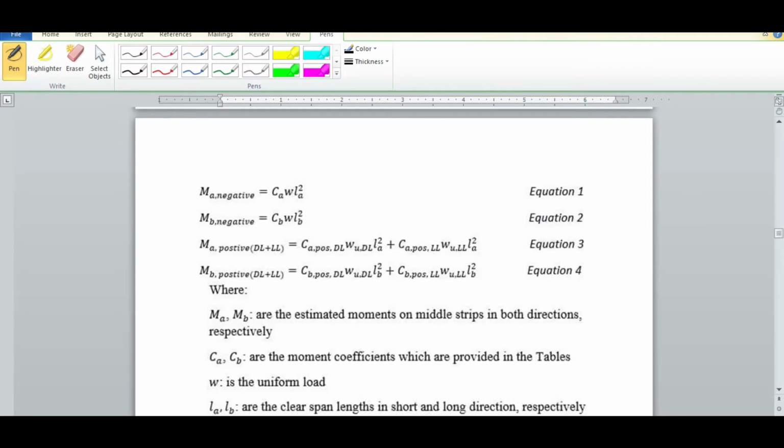These four equations of moment, these four equations we use. CA and CB are the moment coefficients which are provided in tables. I will show you later.